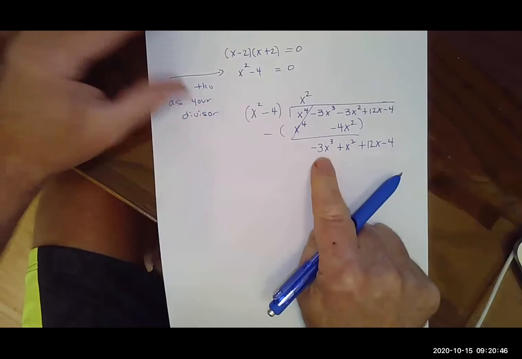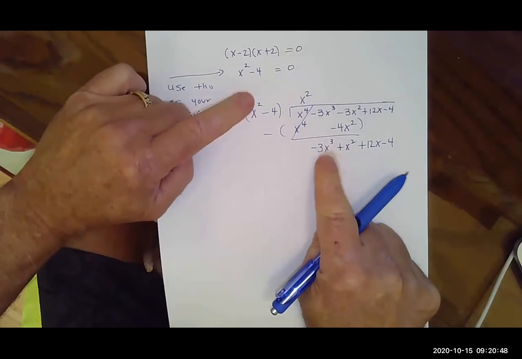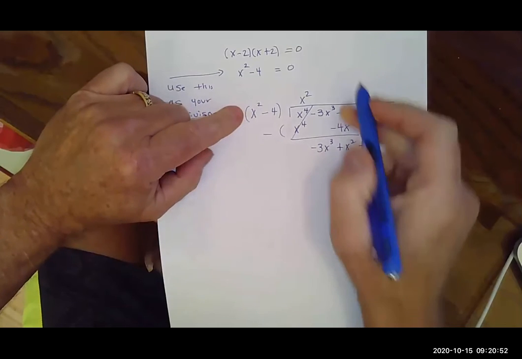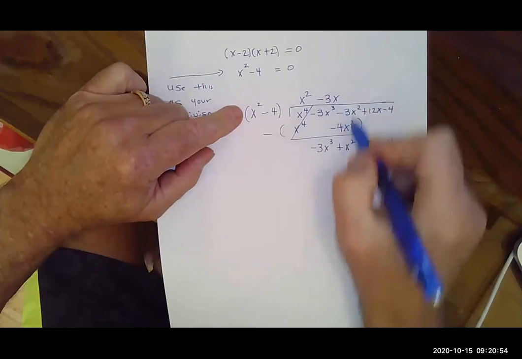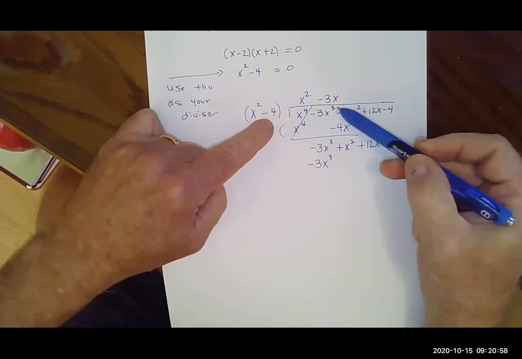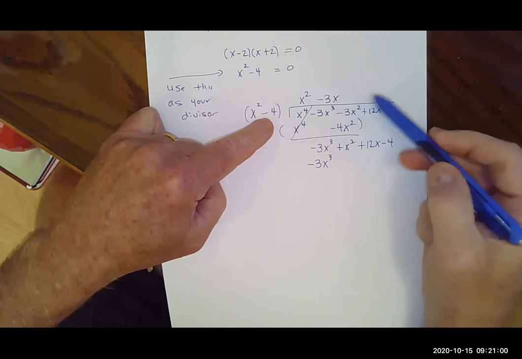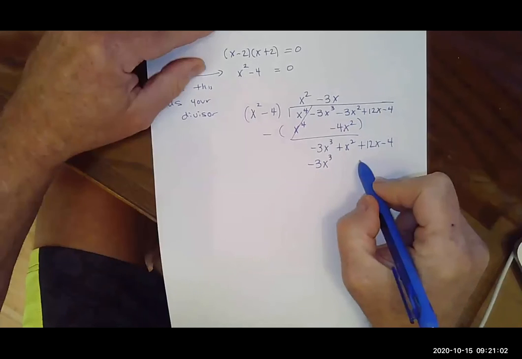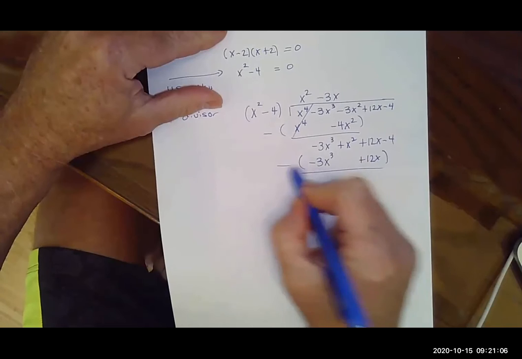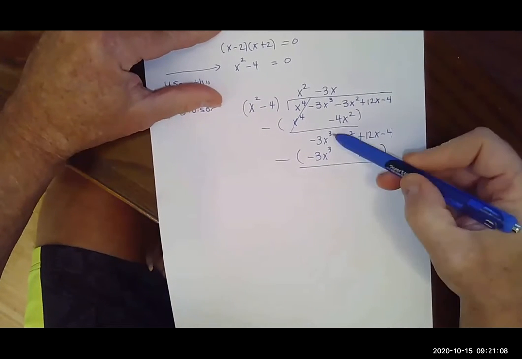Meaning, I want to match this up with that. Negative 3 and an x. So that's negative 3x cubed, and here that's 12x. Put it over here. Okay, both of these go away.